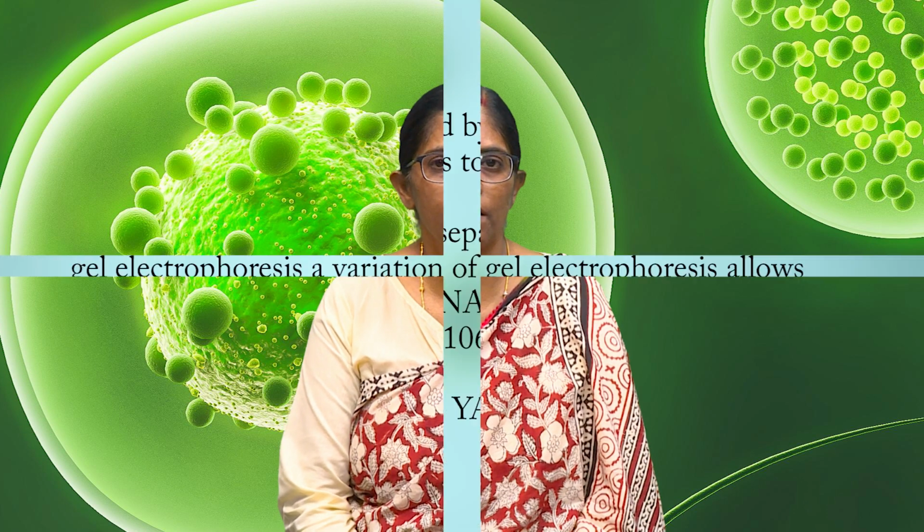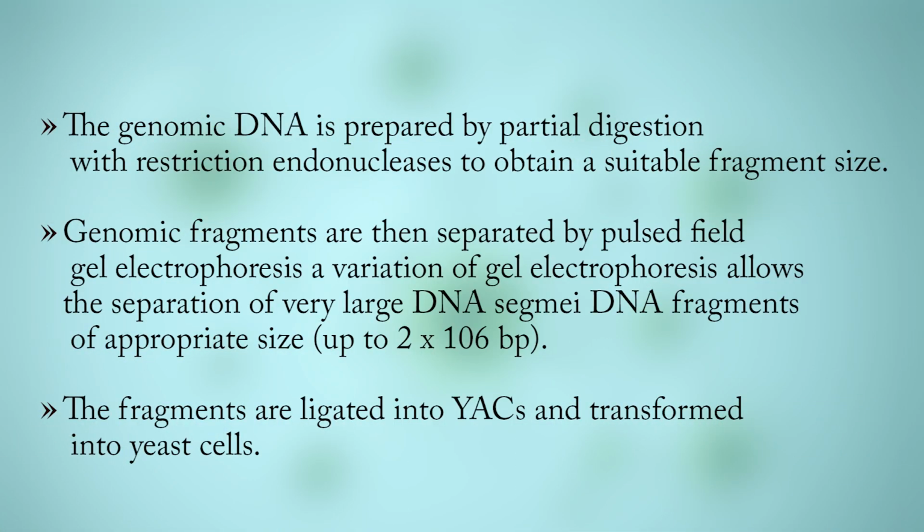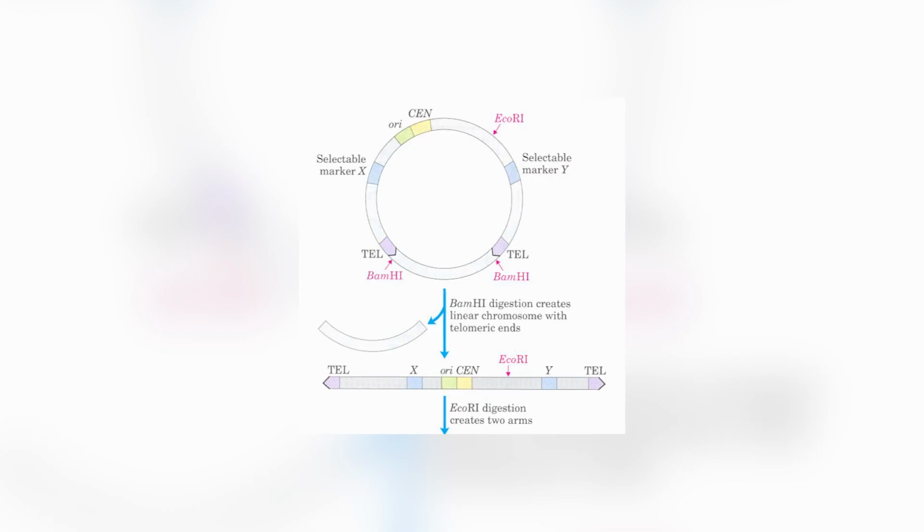This is a step of recombinant DNA technology where you actually do the cloning. These fragments are isolated from the genomic DNA, then ligated into the yeast artificial chromosome, and once the recombinant YACs are prepared, they are transformed or introduced into the yeast cells. So, these are the steps.